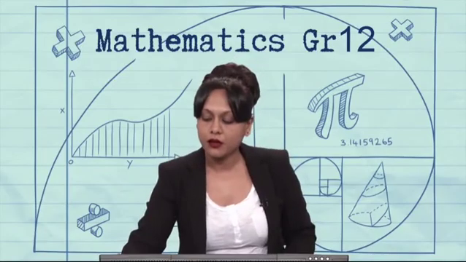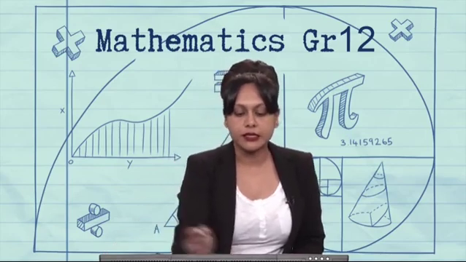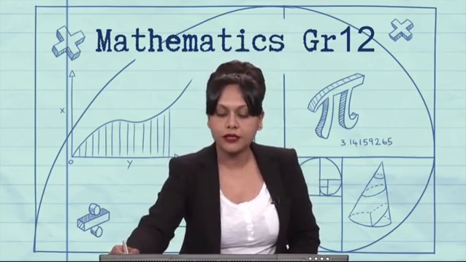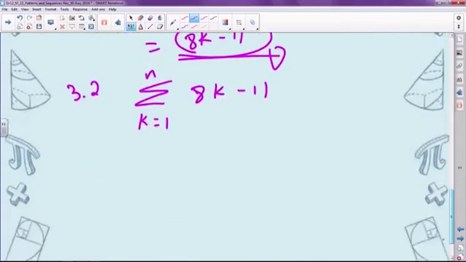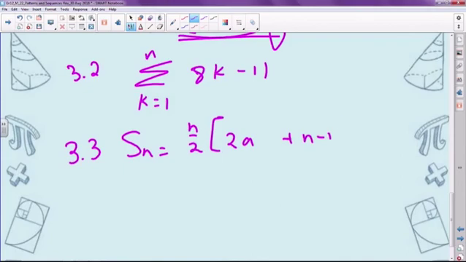All right. Okay, and then the next one, 3.3. Show that Sn is equal to 4n squared minus 7n. You'll see that now they've swapped back into n's. So we're going to use the formula Sn is equal to n over 2 into 2a plus n minus 1 times d.